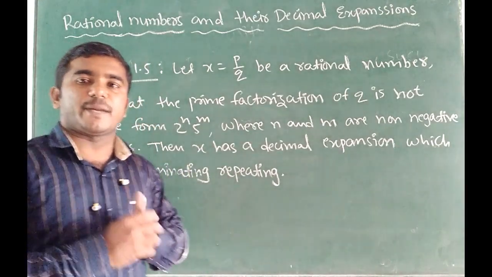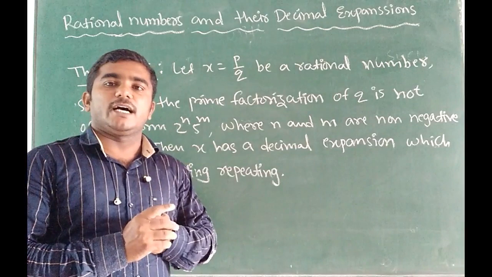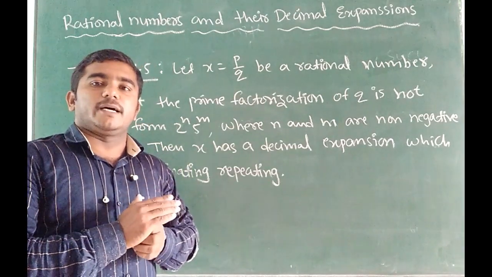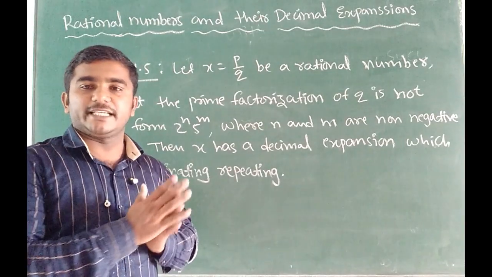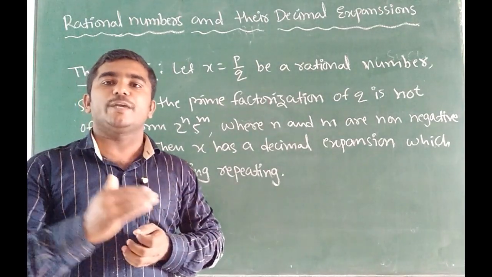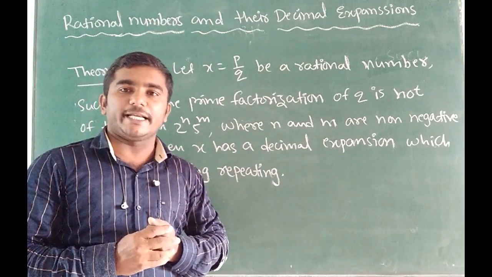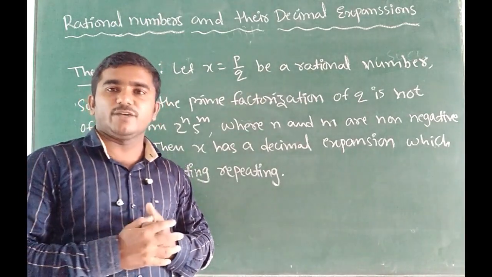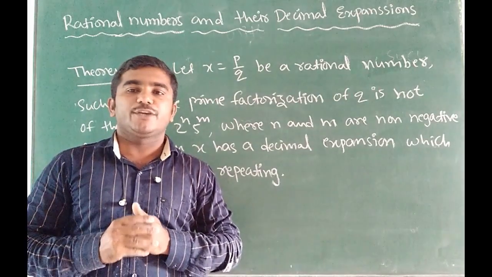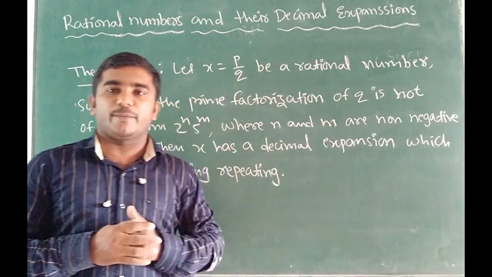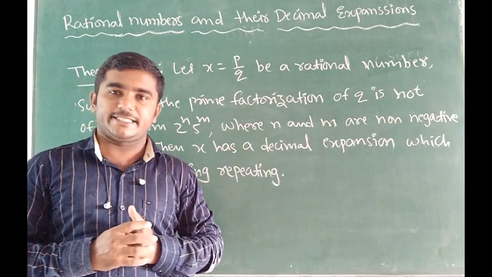The first theorem, 1.3, is that if a rational number in the form of p by q terminates, then q is in the form of 2 power n into 5 power m. Theorem 1.4 is, if x is a rational number and q is in the form of 2 power n into 5 power m, compulsorily it terminates.